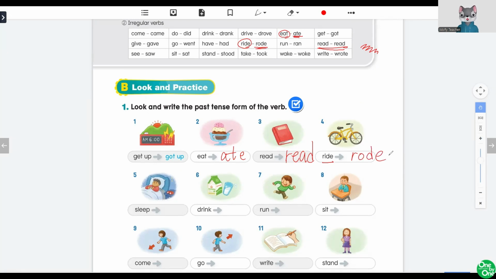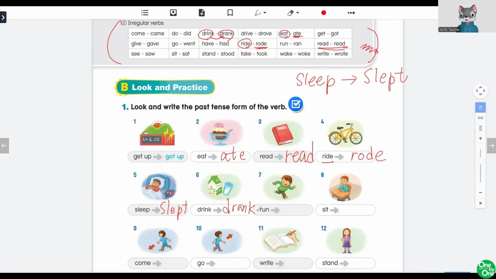지금은 다 못 외우니까 여기 있는 5-star 테이블을 보고 문제를 풀어보면 엄청 쉽게 풀 수 있을 거야. Sleep. How does sleep change? It's not here. So sleep needs to change to, that's right, slept. Drink changes to drank.